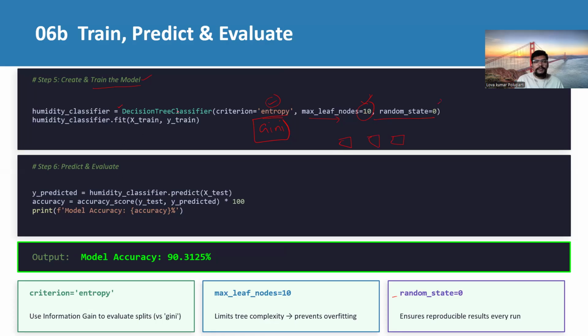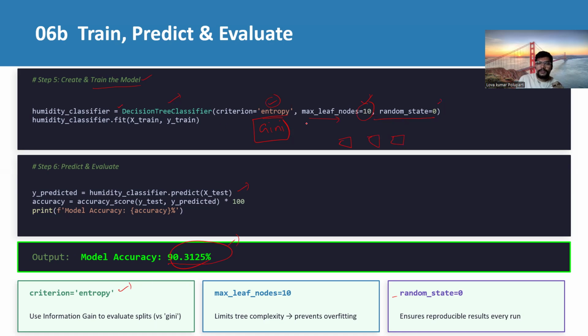I'm training on 70% of the data with the decision tree classifier I have taken here. When I evaluate my model after training, I'm getting nearly 90% accuracy. The criterion I'm using here is entropy, which we mention inside the parameters of the decision tree classifier.